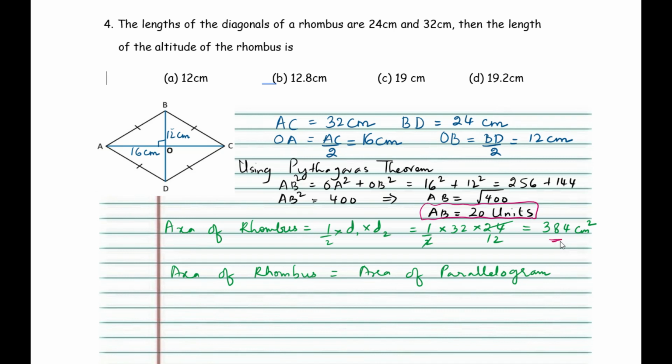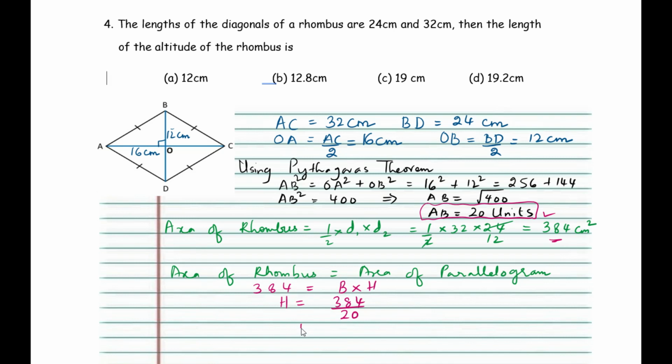We have already calculated, it is 384. What is area of parallelogram? That is base into height. Now that height or altitude h equals 384 divided by base. Base is how much? We have already calculated, it is 20 units, that is 20.